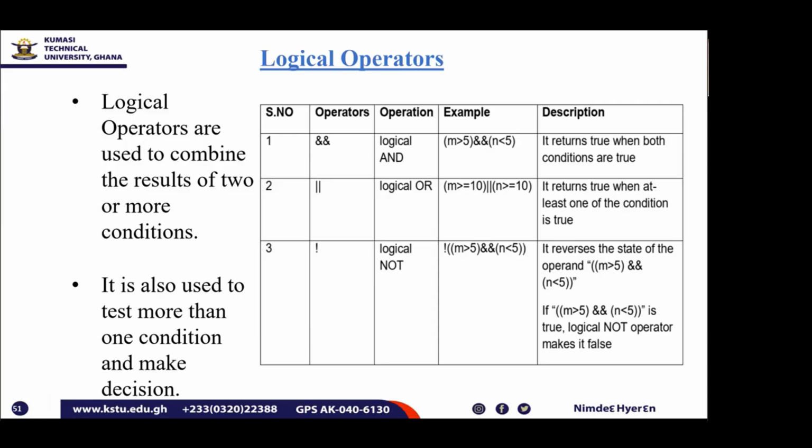Similarly, in this example, you would find m greater or equal to 10 or n greater or equals to 10. And what happens here is that it returns true when at least one of the conditions is true. So a certain instruction or a task can be performed based on one of those conditions being true.